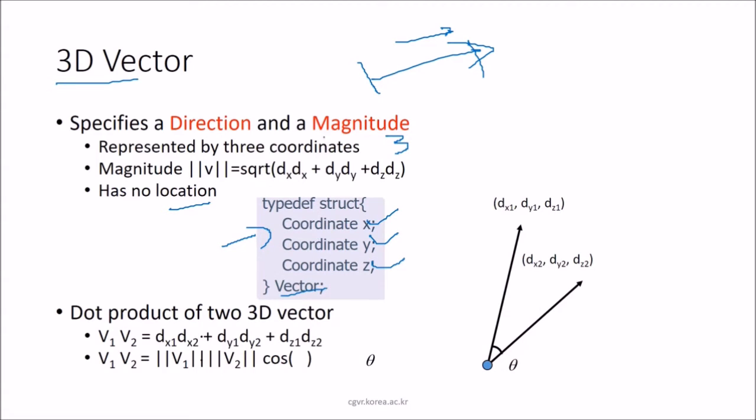This will be the name of the structure. So there are two vectors, say v1 with dx1, dy1, dz1, and v2 with dx2, dy2, dz2. You can compute the dot product of these two 3D vectors like this: v1 dot v2 is dx1 dx2 plus dy1 dy2 plus dz1 dz2. You can also compute the dot product as the magnitude of v1, magnitude of v2, and cos theta. This is theta here.